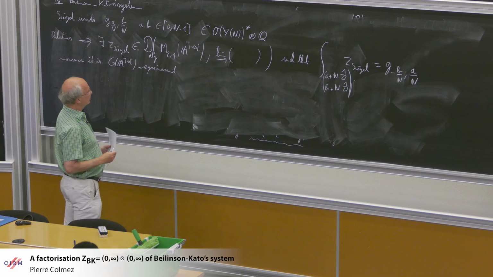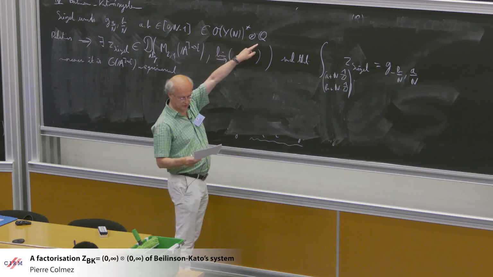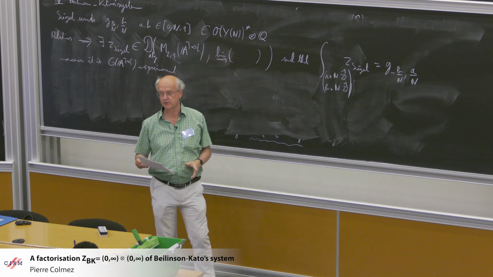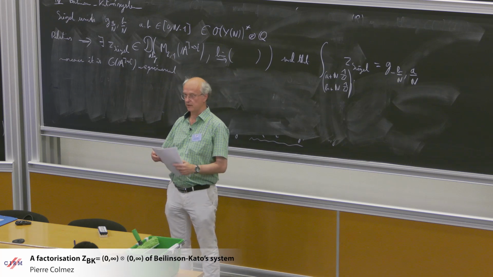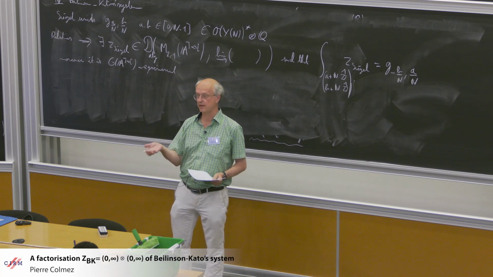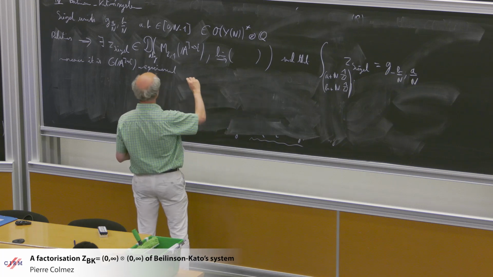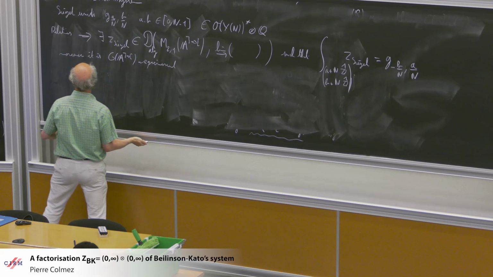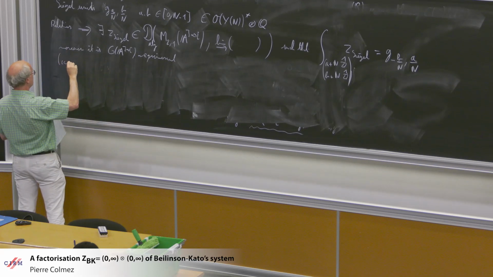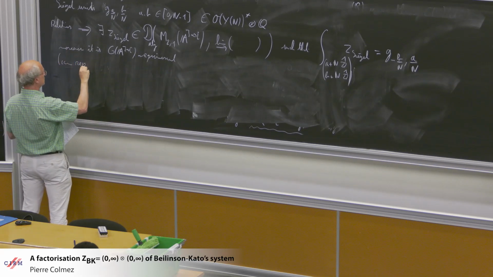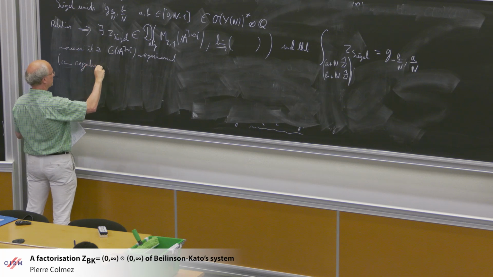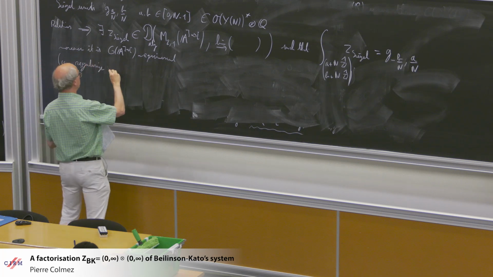So it's a little bit of a pain to have to introduce denominators. And you can regularize by introducing a c, like Kato does, to get rid of these denominators.